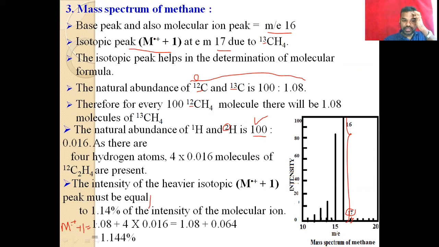So here, this 1.08 comes from carbon, the abundance of carbon 13, plus 4 into 0.016. That means one carbon atom is bonded with 4 hydrogens. So 4 hydrogens into 0.016, where 0.016 is the abundance of the heavier hydrogen. Hydrogen 1 is highly abundant, and for hydrogen 2 the abundance is 0.016 each, so 4 into 0.016.